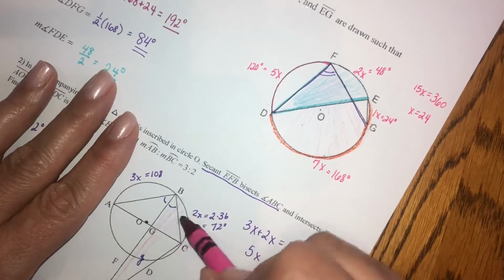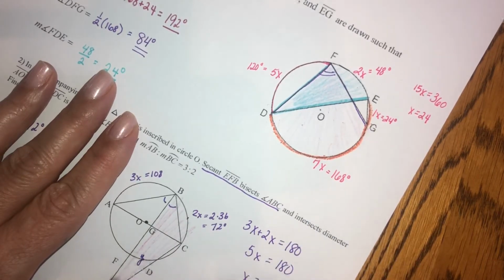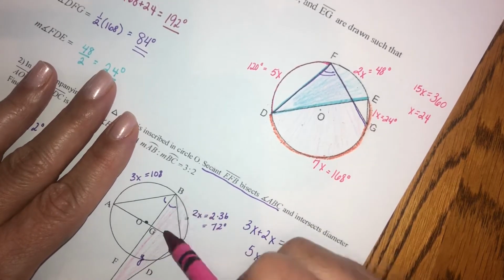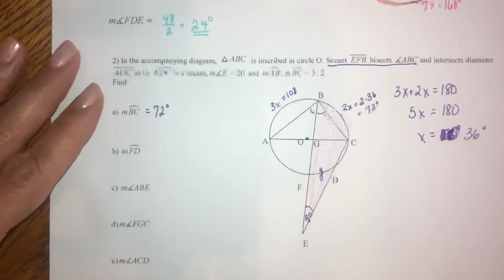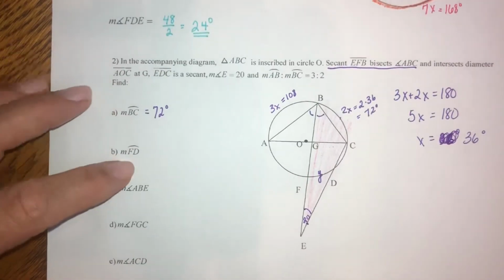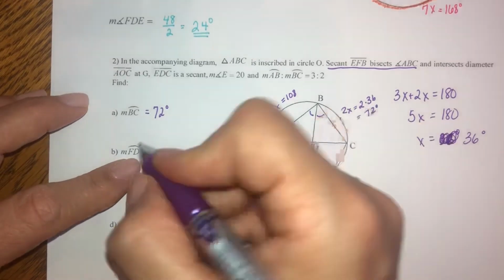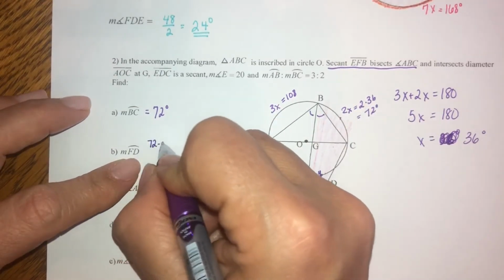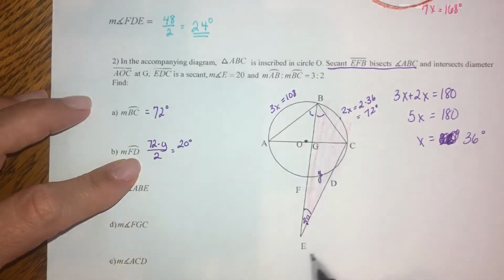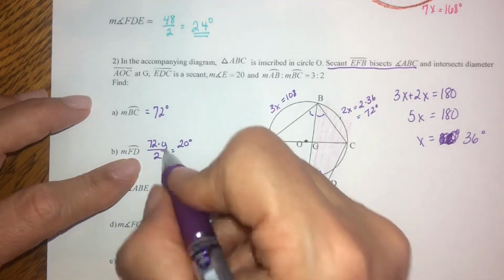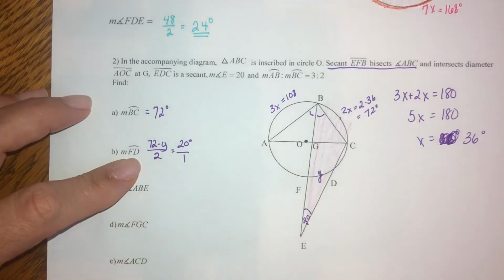The reason why that's working is because we have one of those angles there that's formed by 2 different secants. So remember the whole big minus small divided by 2 thing from yesterday? That's what we have going on here for FD. So we have 72 minus y divided by 2 ends up being that 20 degree angle out here. I can put this over 1 and cross multiply.